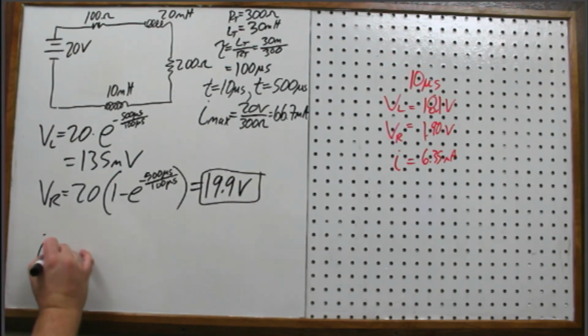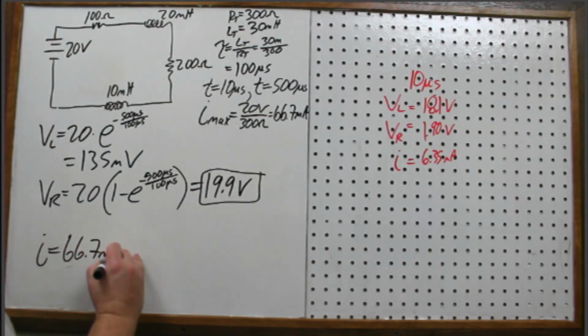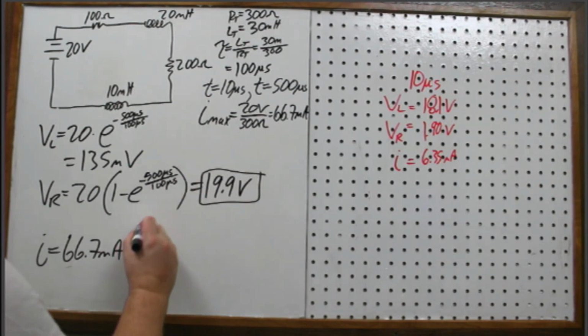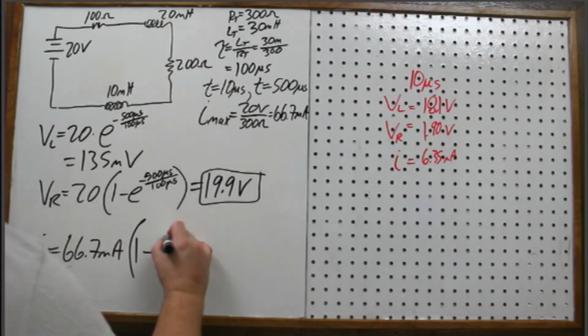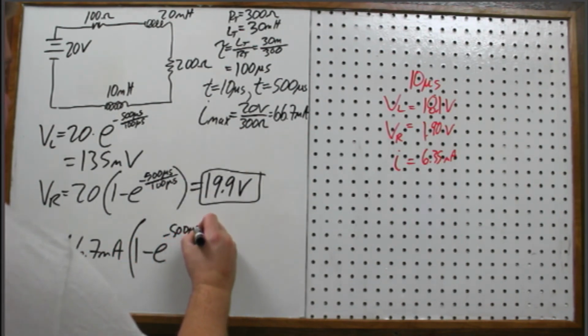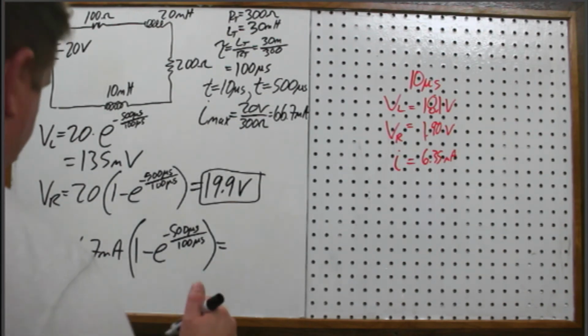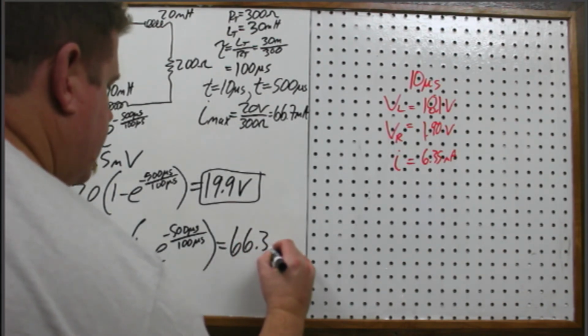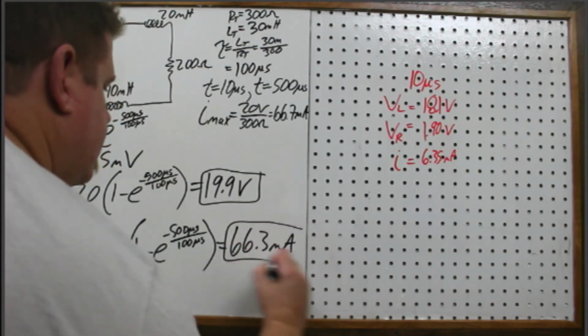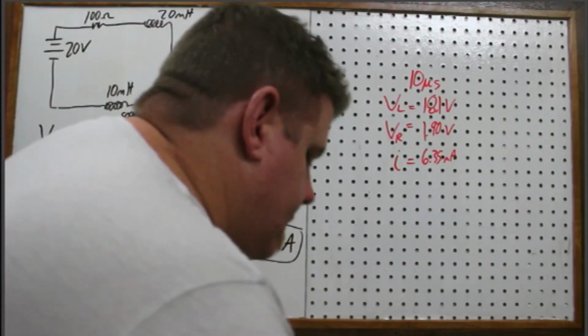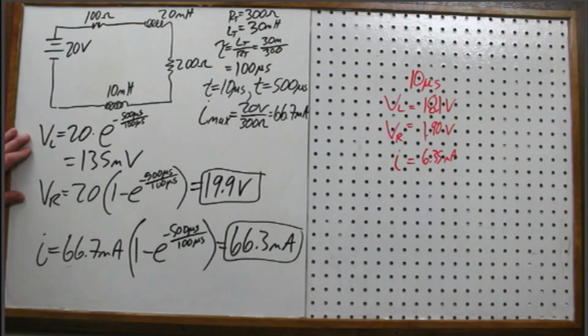And then I, 66.7 milliamps, that's the max. Again, the growth. And I get 66, rounded up to 66.3 milliamps. Okay.